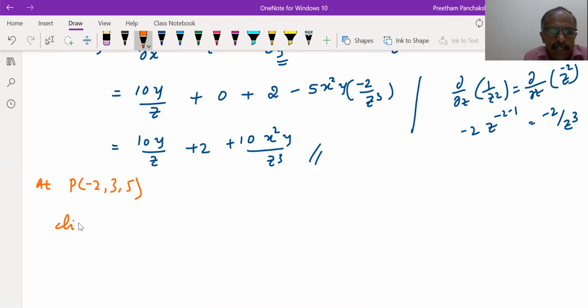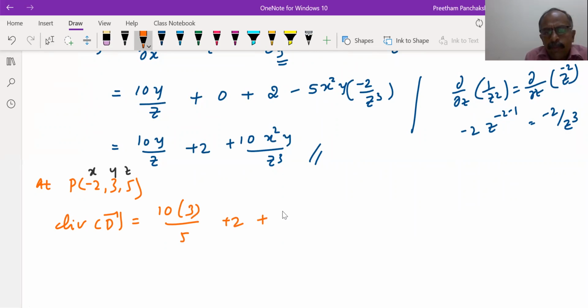So divergence of D is given by 10 times the y value. See, in the point the x, y, z components are mentioned. According to that point, the y value is 3 and the z value is 5.